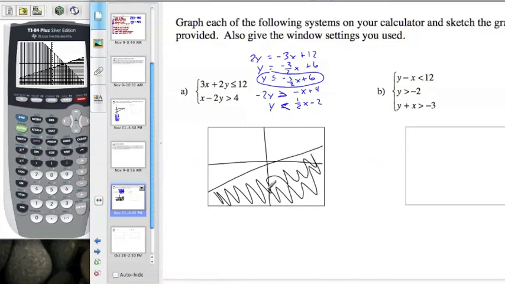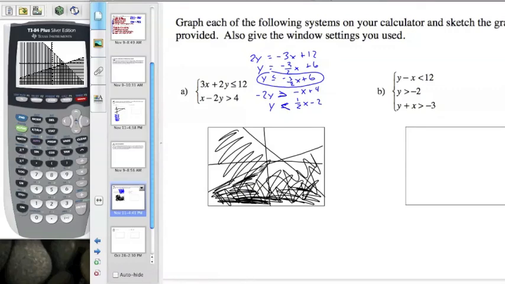The other line's coming in like this, and we have shaded below that one. So you will see that the overlapping area is a little darker. So we will shade all of that in as well. Nice and dark.